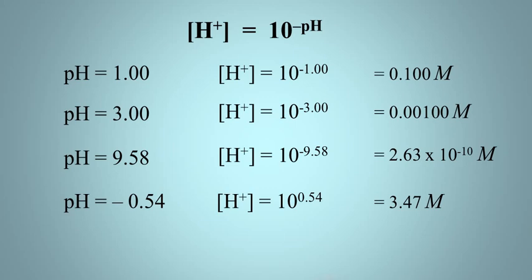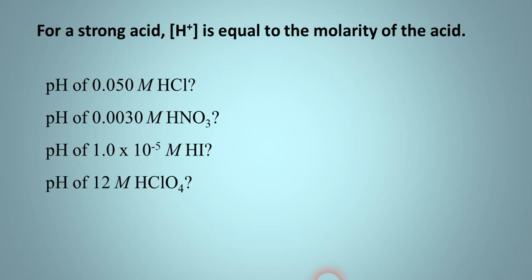Now, we're going to close by taking a look at strong acids. If you have a strong acid, the H plus is equal to the concentration or the molarity of that acid. And that's because strong acids dissociate 100% all the way.